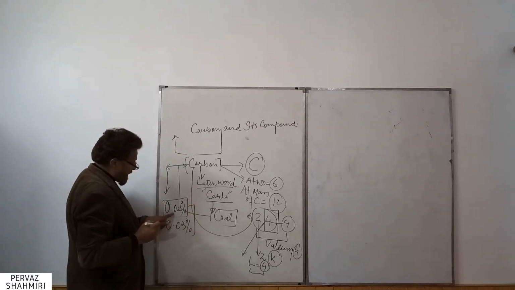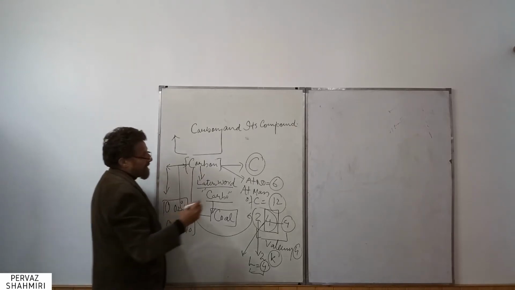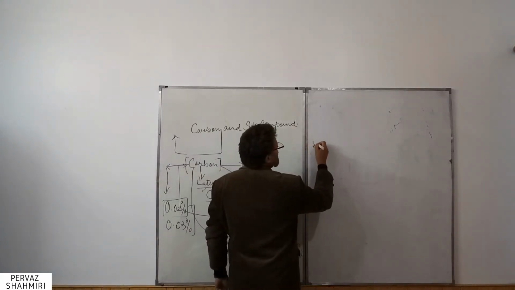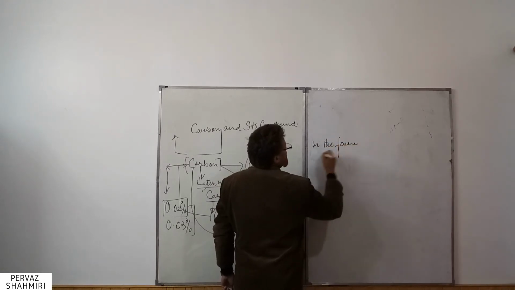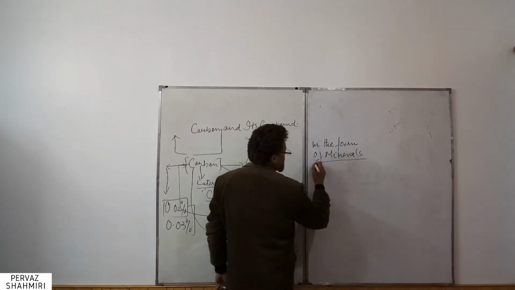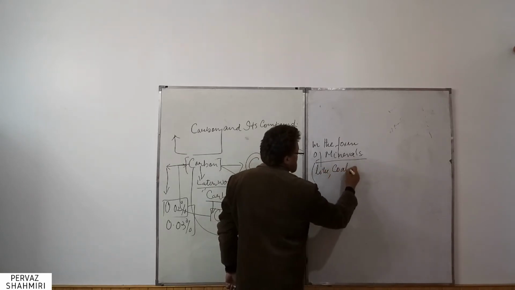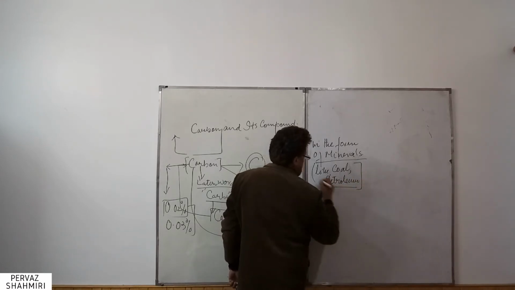On Earth's crust it is 0.02% in the form of minerals, and these minerals are like coal, petroleum, etc.